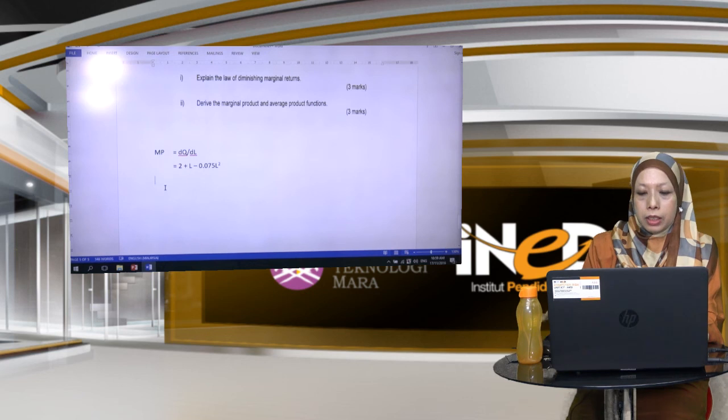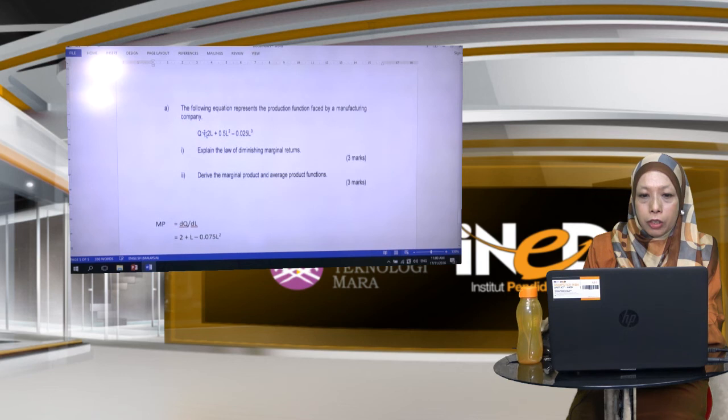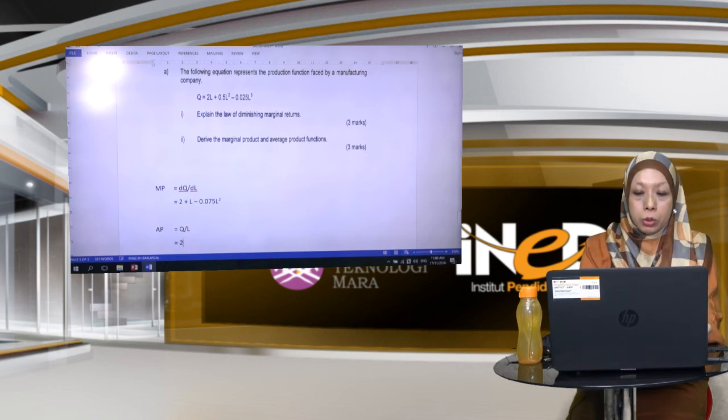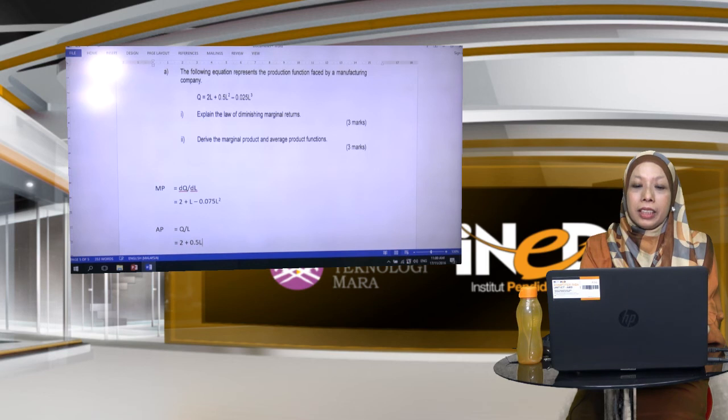Now, next one, you are asked to derive the average product function. The average product function is when you divide Q by L. So you have to divide each component of the production function by L. 2L divided by L will give you 2. 0.5 L squared divided by L will give you 0.5L.